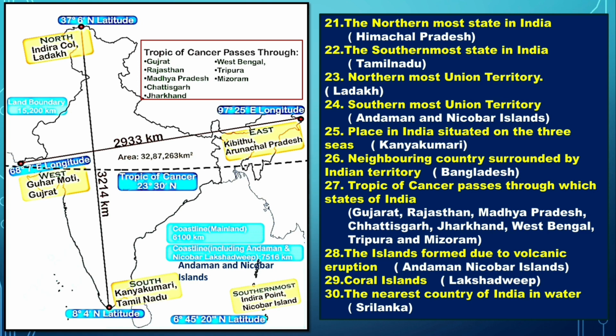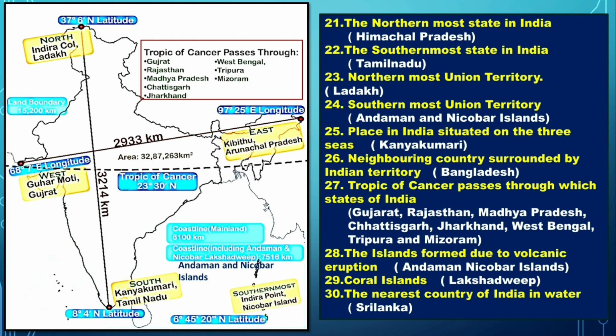Next, the northernmost union territory, that is Ladakh. Next, the southernmost union territory, that is the Andaman and Nicobar Islands. Next, the place in India situated on three seas, that is Kanyakumari. Next, the neighboring country surrounded by Indian territory, that is Bangladesh here.